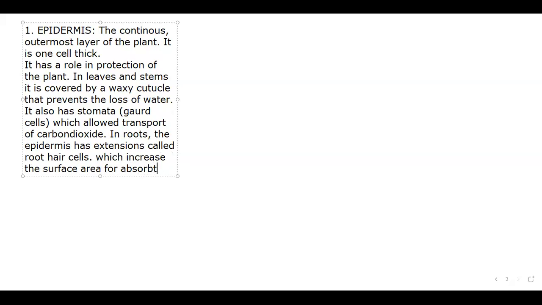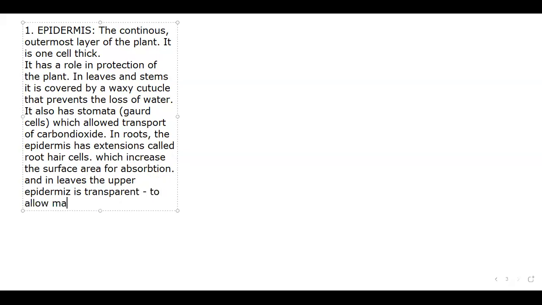So one of the major components is the epidermis, and in leaves the upper epidermis is transparent. If you remember, you had studied it in IGCSE. Why was it transparent?